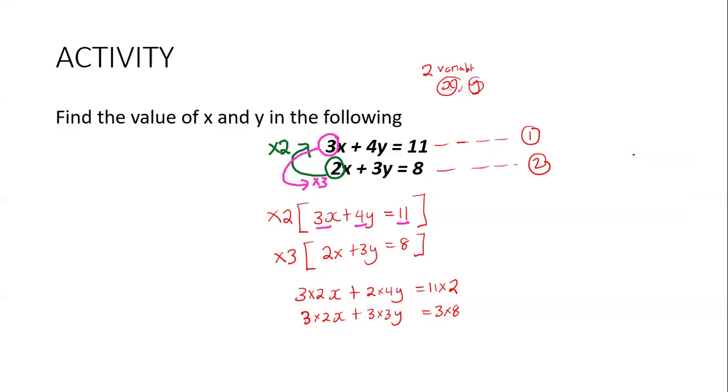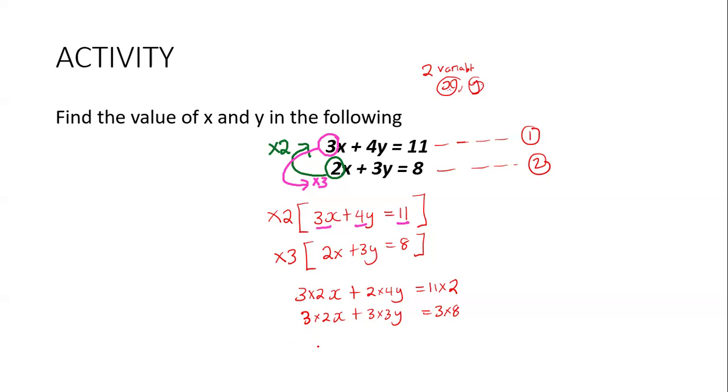Very good. Who wants to multiply for us the first equation? Yes, John Mark. Tell us the first equation. 3 times 2x, we have 6x.